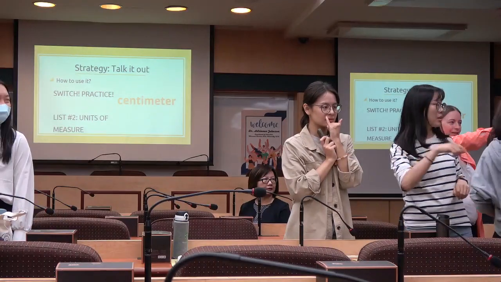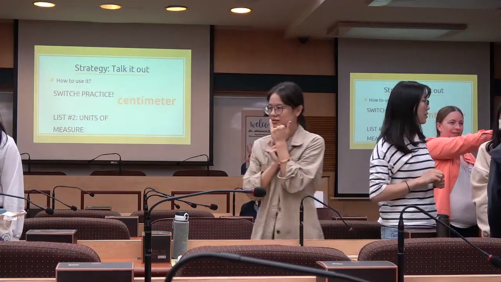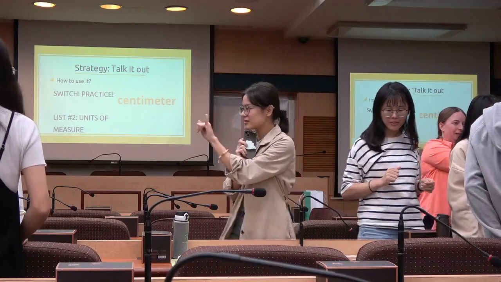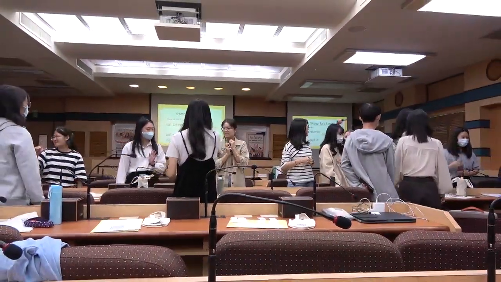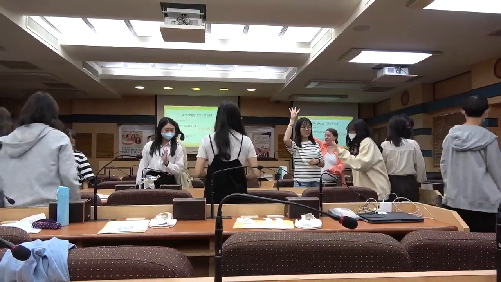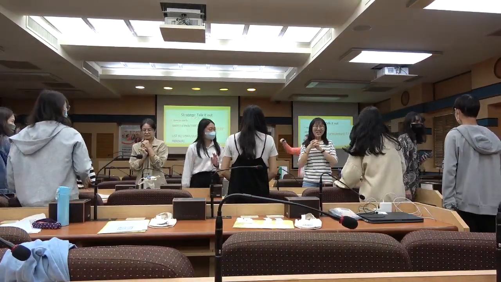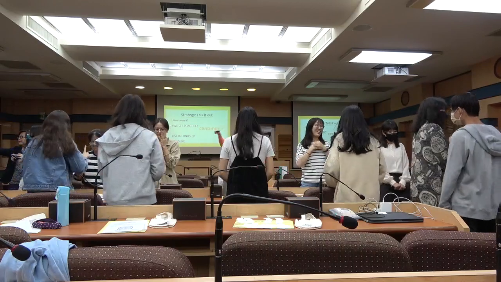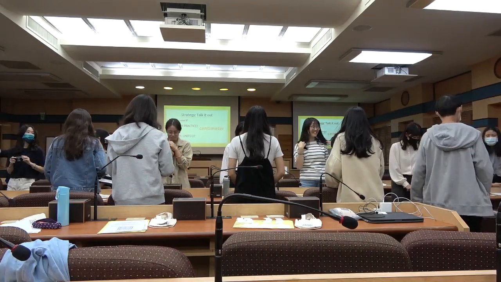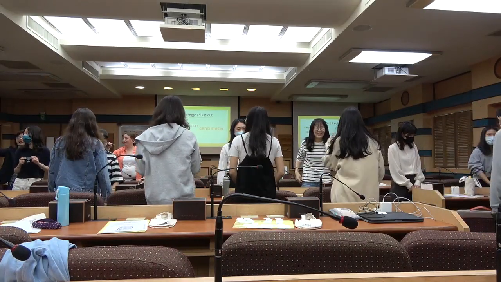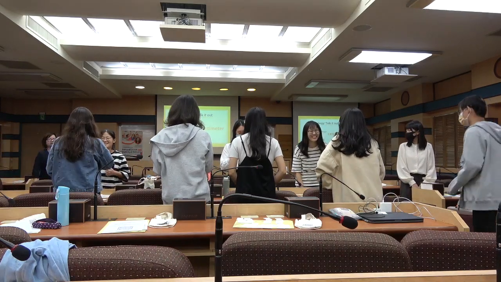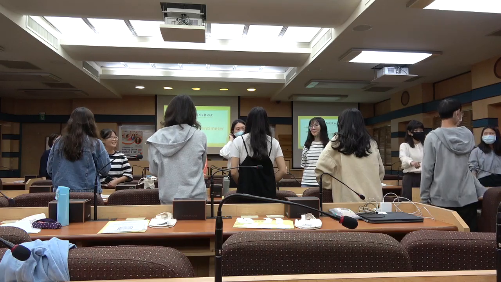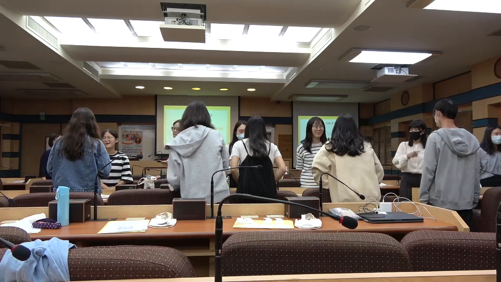And scoot down. 3s right here. 4s, 5s, 6, 7s, 8, 9. Good? Okay. Everybody got? Point to your partner. Do you know your partner's name? Ask your partner's name.